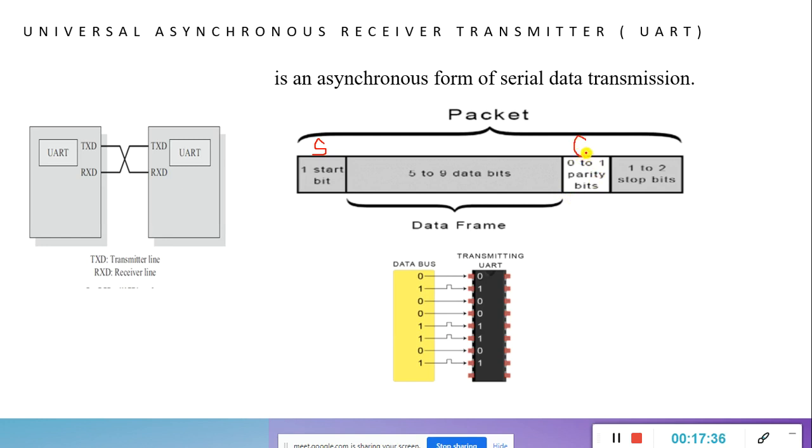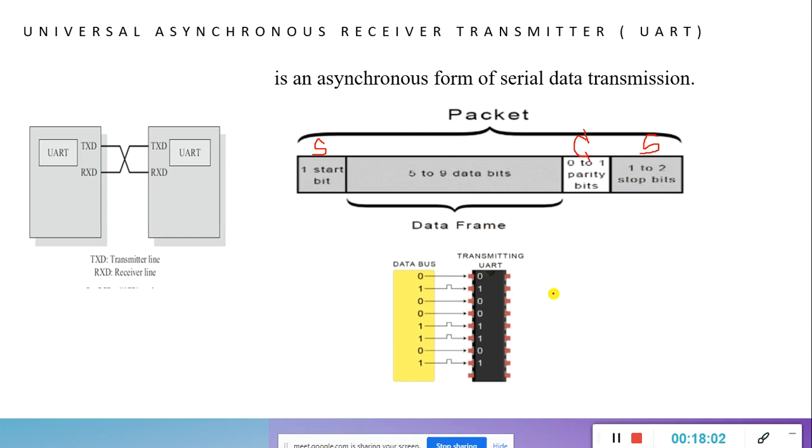The job of the parity check is to check, or authenticate, the data. Once you transfer the data frame, then you need to stop, so there is one more signal called the stop bit. The stop bit may be 1 bit or 2 bits. We will discuss in detail how this data is getting transferred through the UART.